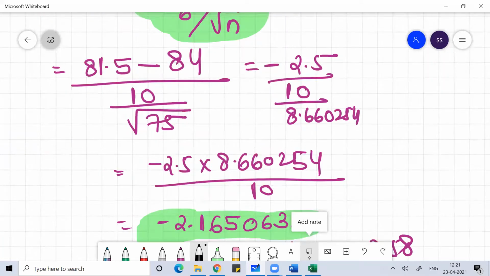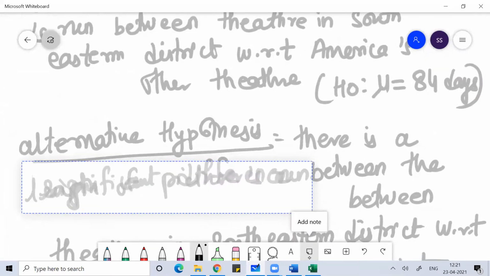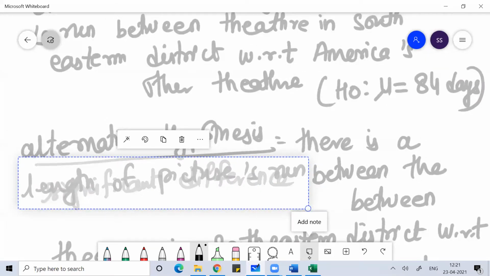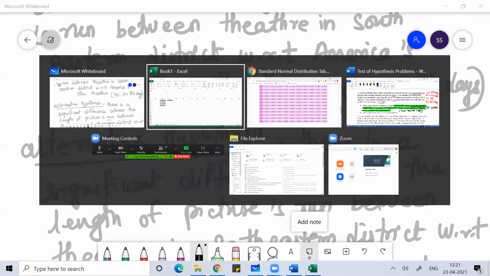So we are accepting the null hypothesis in this problem. This is what you need to do if you get a one mean Z test problem. You need to do it this way.